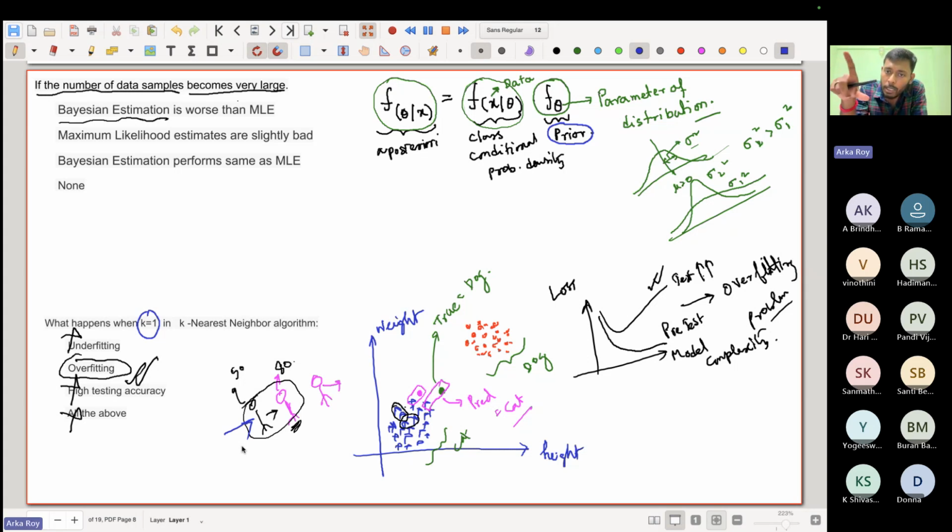So this prior knowledge, because it does not depend on data, has some sort of bias. Over here also, I just told you, this pink colored guy is getting 80% marks, and this guy is getting 50% marks, just because they are sitting together in the first bench.